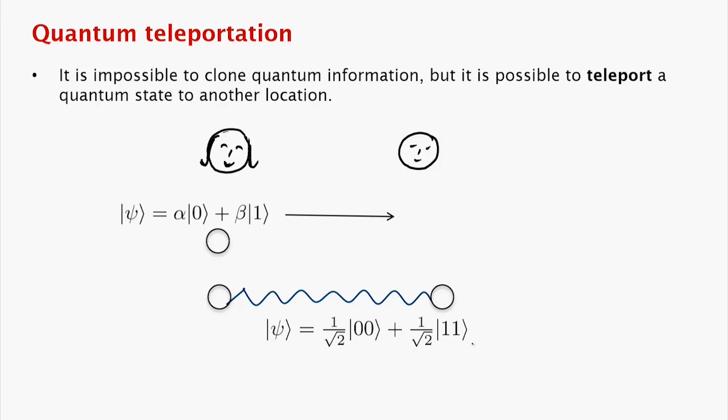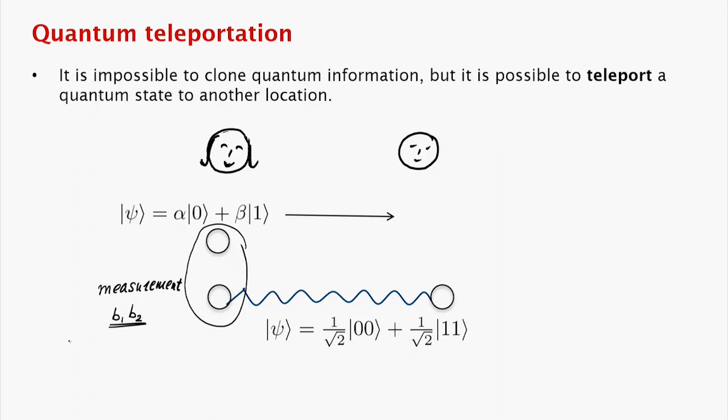Now quantum teleportation is a protocol by which Alice performs some measurement on these two qubits: her qubit, the unknown qubit that she wants to transport to Bob, and her share of the Bell state. So she measures these two qubits and gets two bits, B1 and B2. This is the result of the measurement.